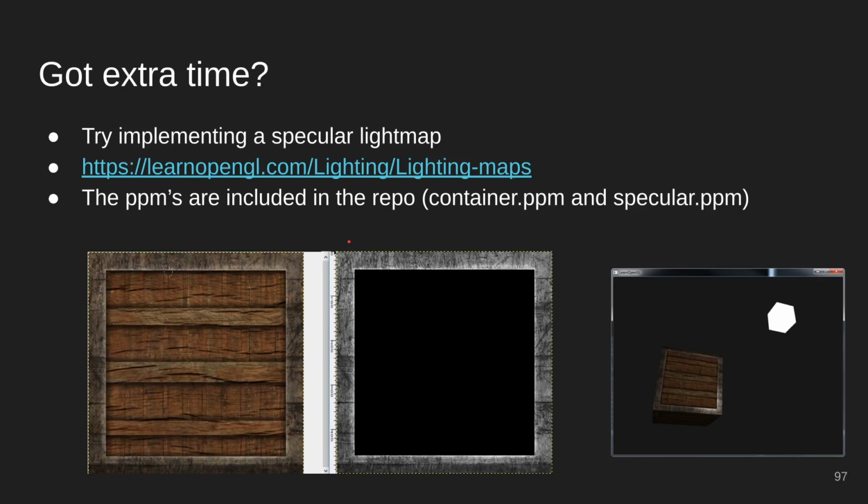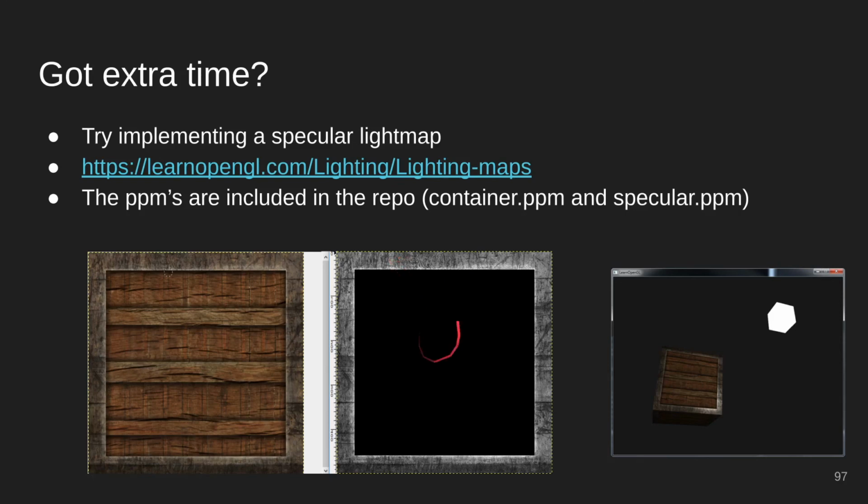If you've got extra time, a cool tutorial to try is the Learn OpenGL tutorial on implementing something called a light map. I've included some of the PPMs in the repo if you just want to play around with these, but the basic idea is you can have a texture and then a second texture where the specular component is encoded as a grayscale image.